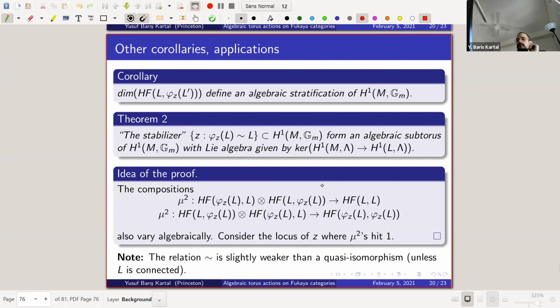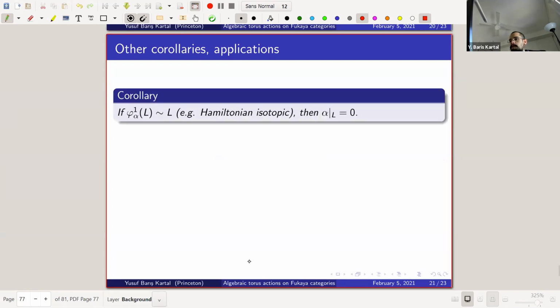And just a quick note is that the relation that I wrote here is slightly weaker than being a quasi-isomorphism, unless L is connected. You can always assume L is connected. Okay, so this may be very well known. It's known that the flux group of a monotone symplectic manifold is already zero.